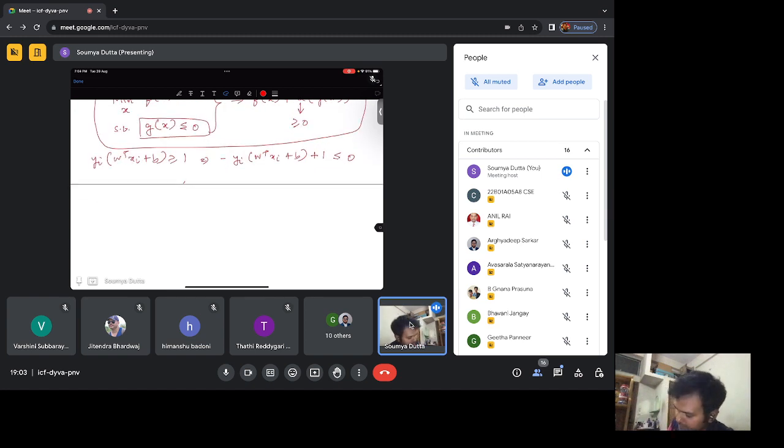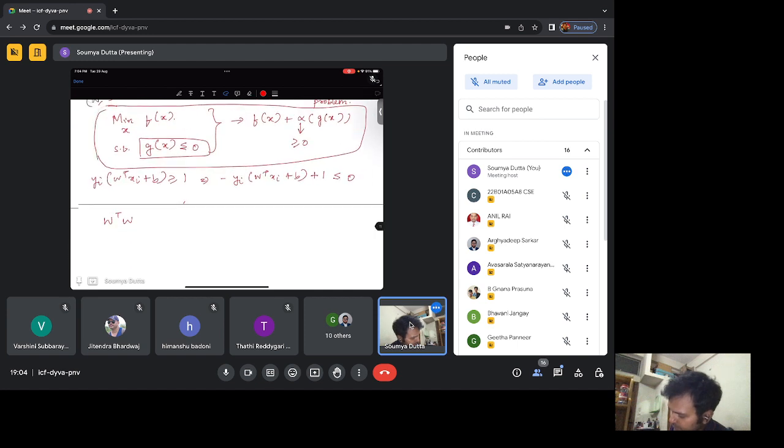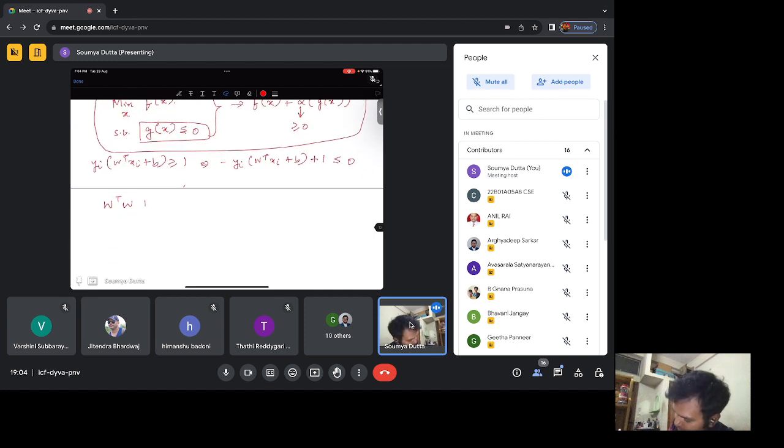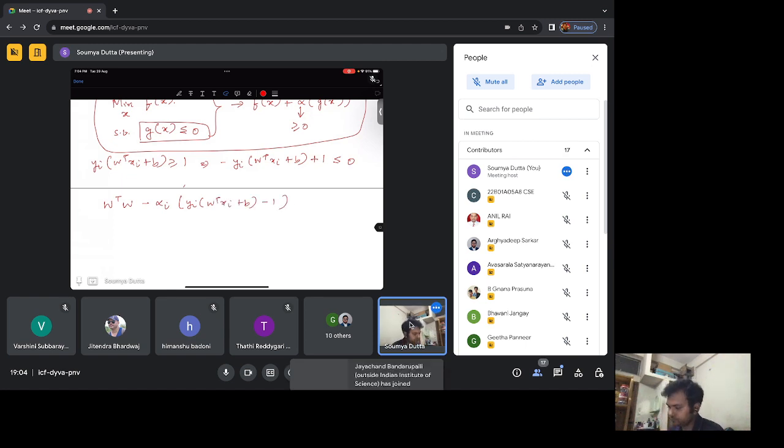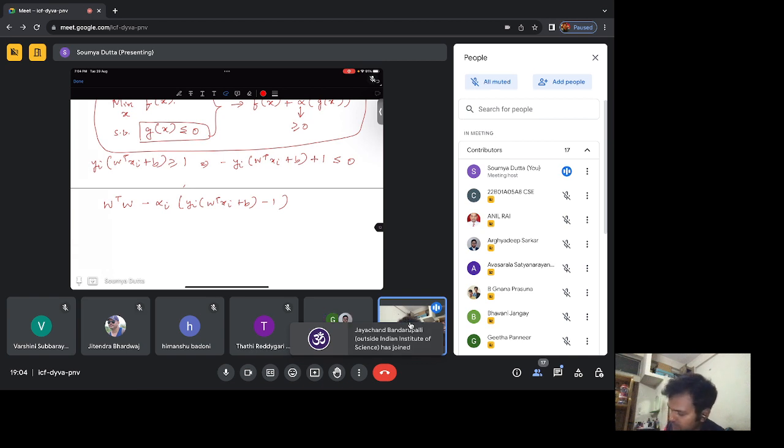I will write norm of W squared as W transpose W, and the Lagrangian becomes this minus the sum of alpha i times yi times (W transpose xi plus b minus 1).